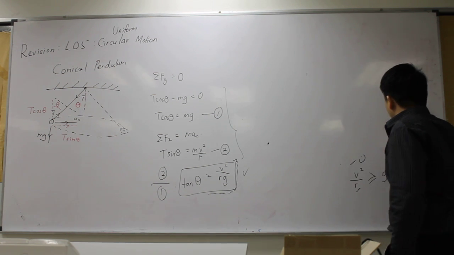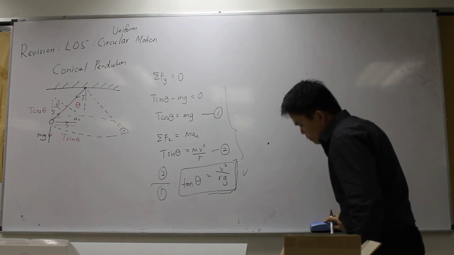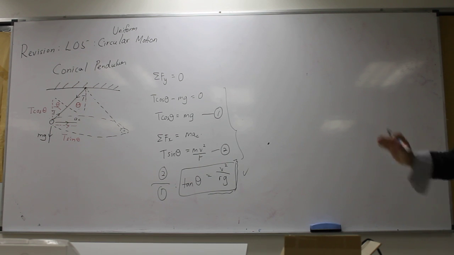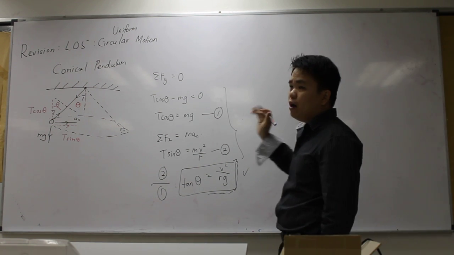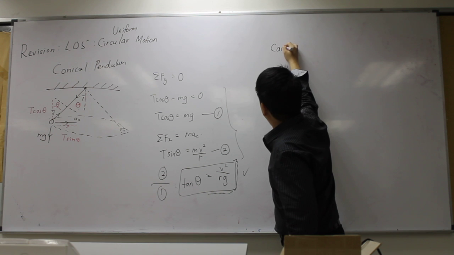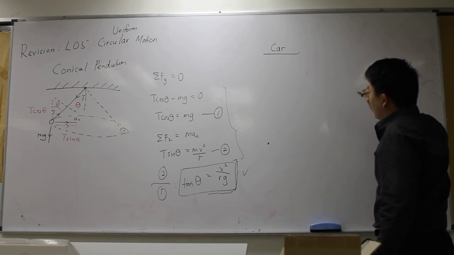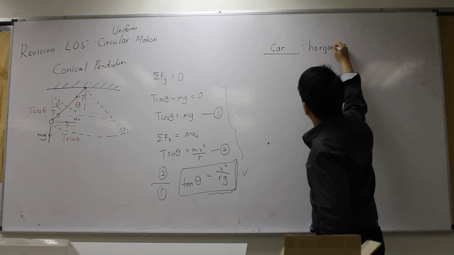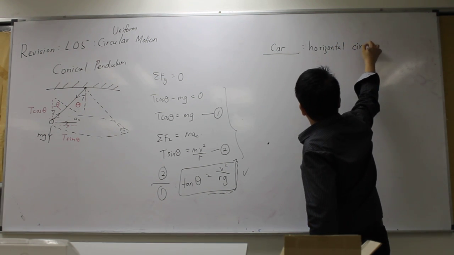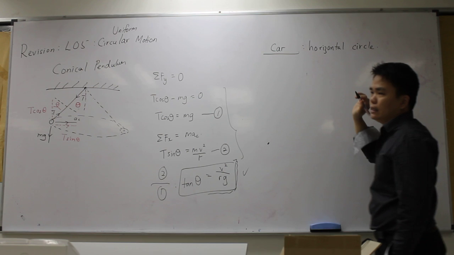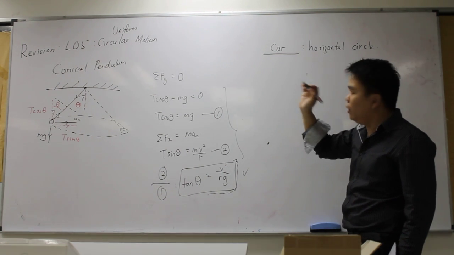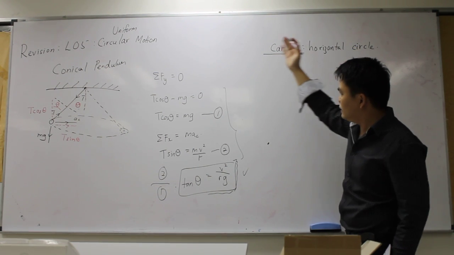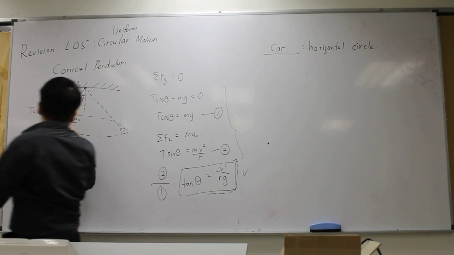A lot of examples here, and somehow it depends on how you do that. Let's say for a car, if you make a horizontal circle, then we may say that the frictional force supplies or contributes to the centripetal acceleration.